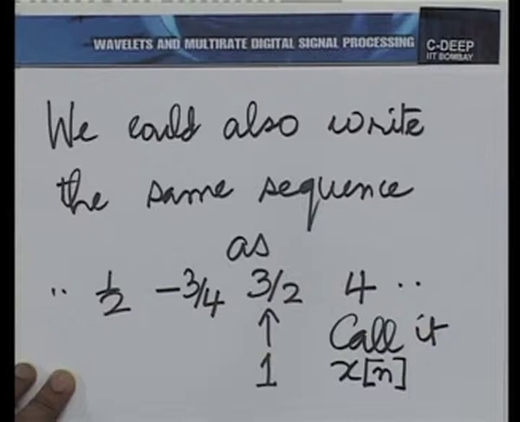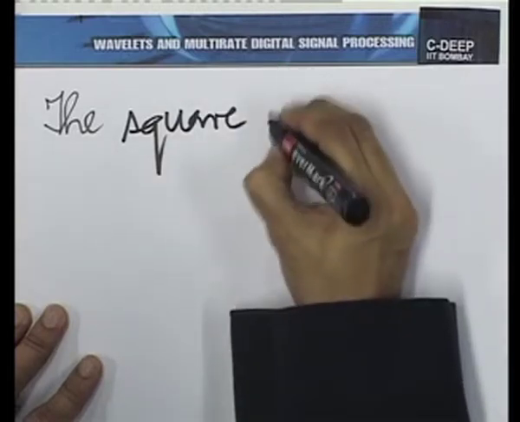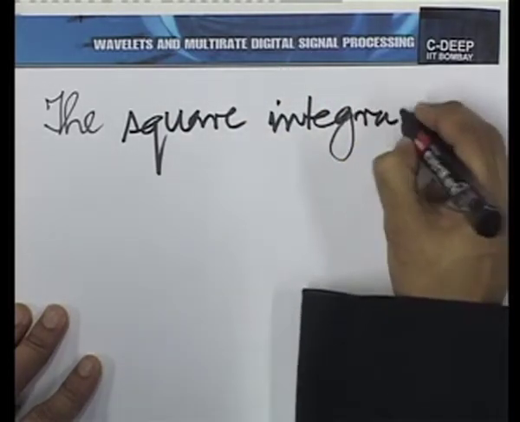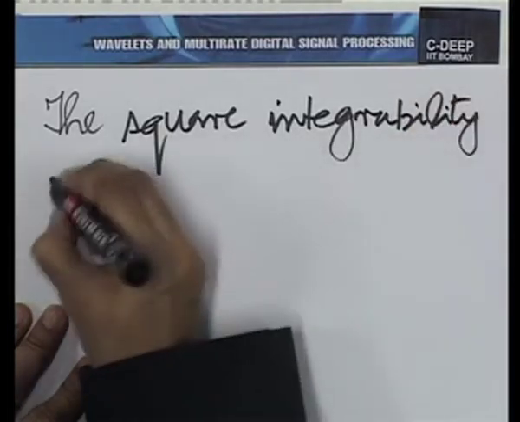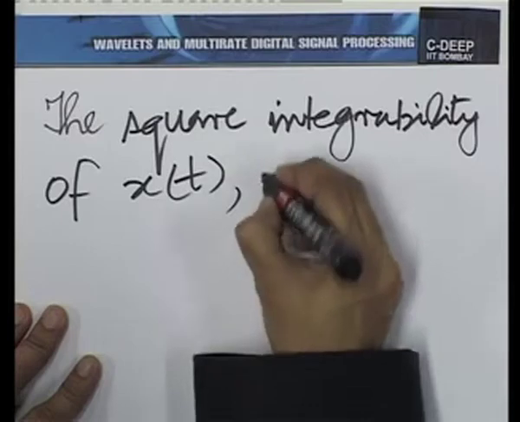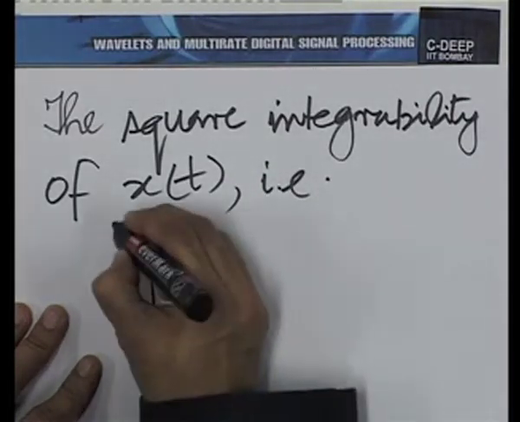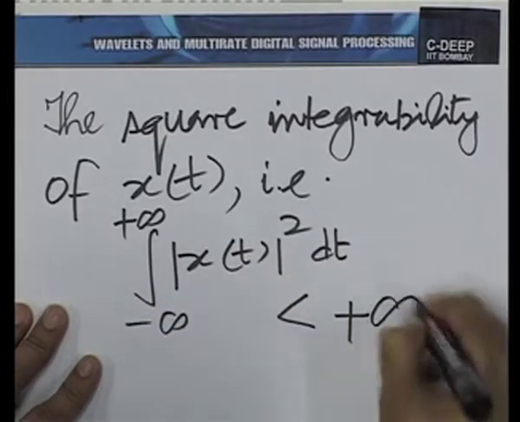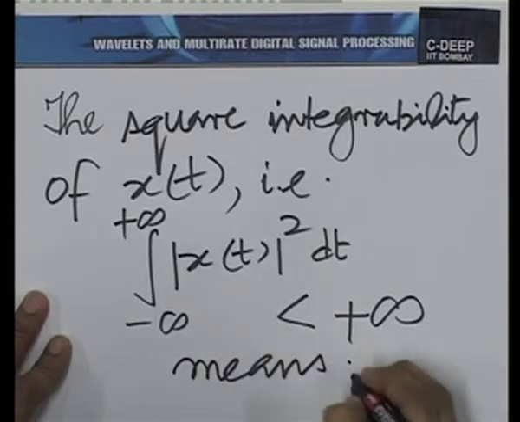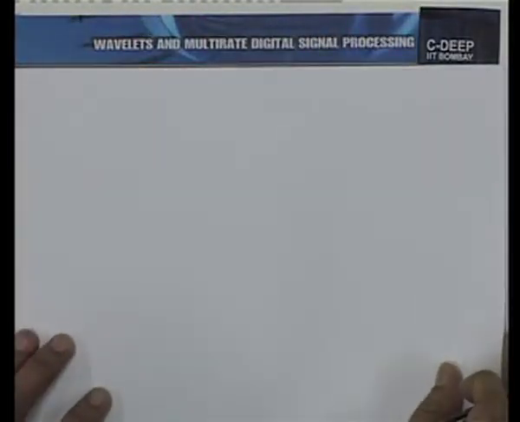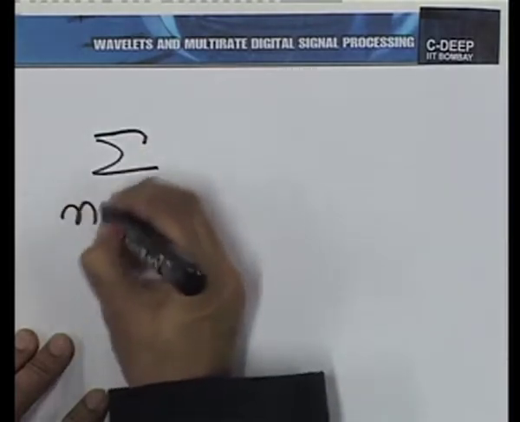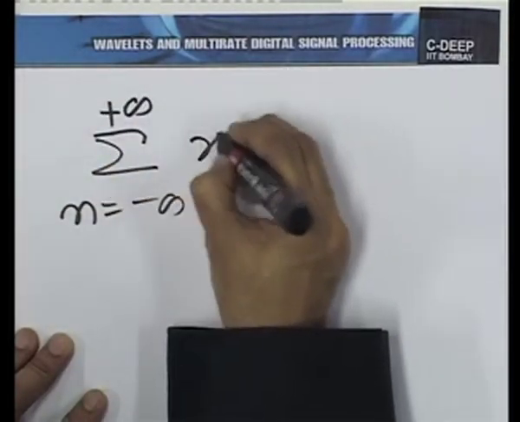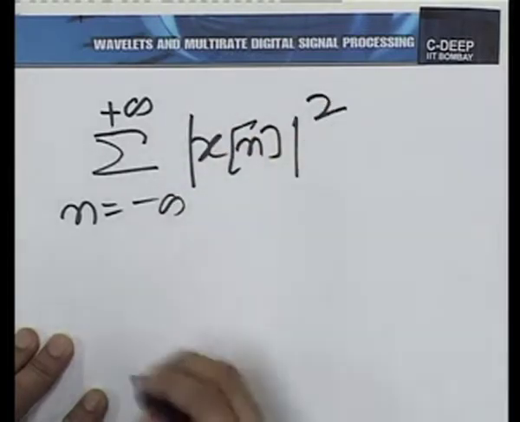In that case, the square integrability of x t, in other words, the fact that integral from minus to plus infinity mod x t squared dt is finite means summation from n going minus to plus infinity is also finite with the argument as mod x n squared.